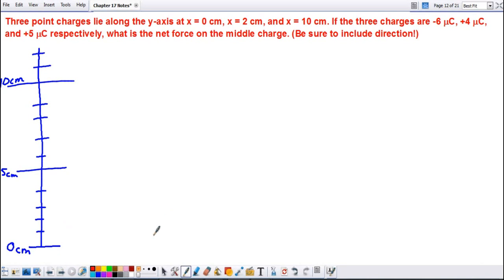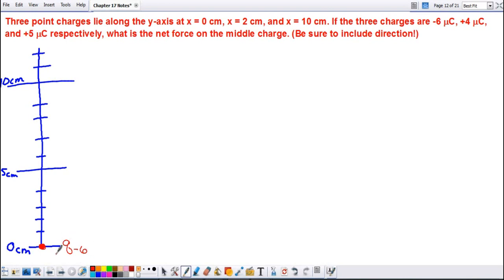If the three charges are negative 6 microcoulombs, 4 and 5 microcoulombs respectively, that means the first one is at 0. So there is a charge at the origin, and that is the first charge, which is negative 6 microcoulombs. I'm going to call this Q negative 6. Instead of just Q1, Q2, Q3, which can get a little confusing, just label it with the actual charge.